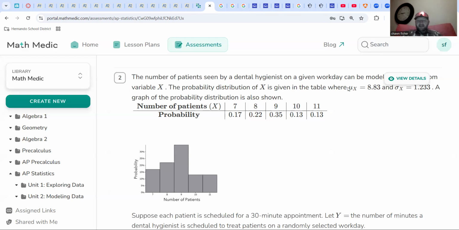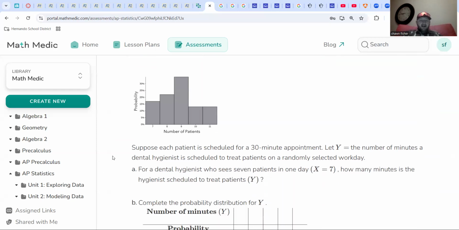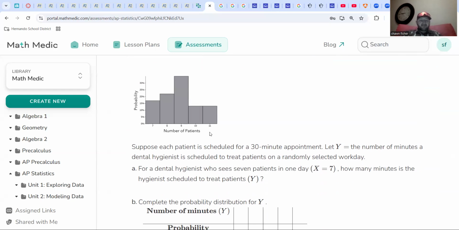We've already done this: the mean, the expected value of the random variable X, is 8.83, and we know how to interpret that. The standard deviation of this scenario, the give or take, is 1.23. Here is the distribution and the graph of it, the number of patients.